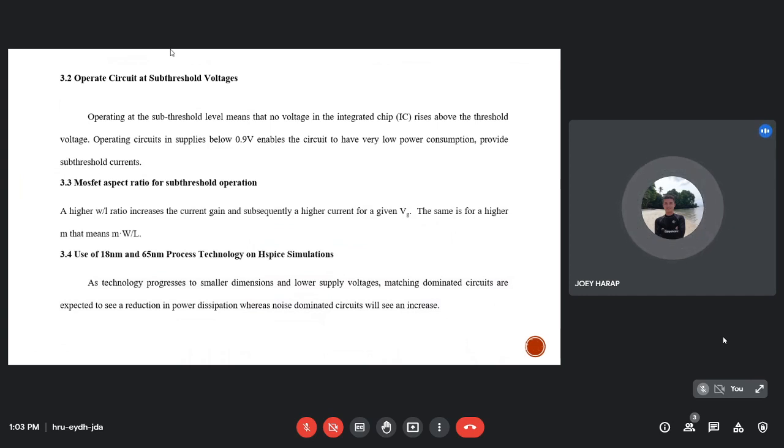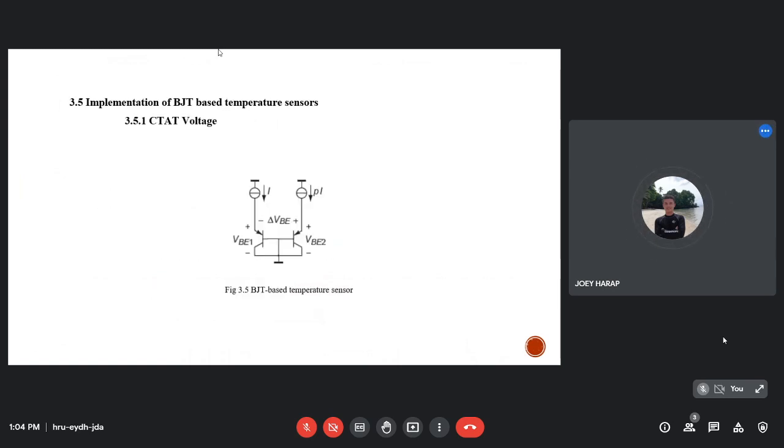And of course, we will take into consideration the 0.18 micrometer and the 65 nanometer process technology on HSPICE simulations. So as the technology progresses to smaller dimensions and lower power supplies, the matching dominated circuits are expected to see a reduction in power dissipation, whereas noise dominated circuits will see an increase.